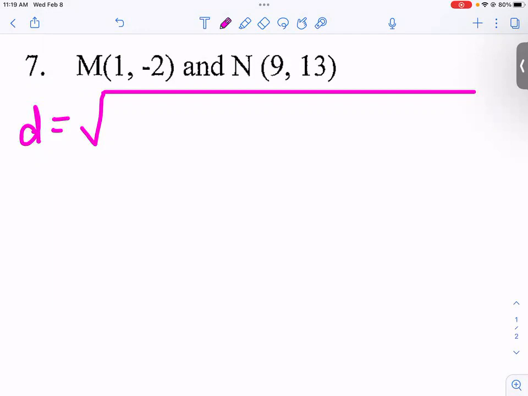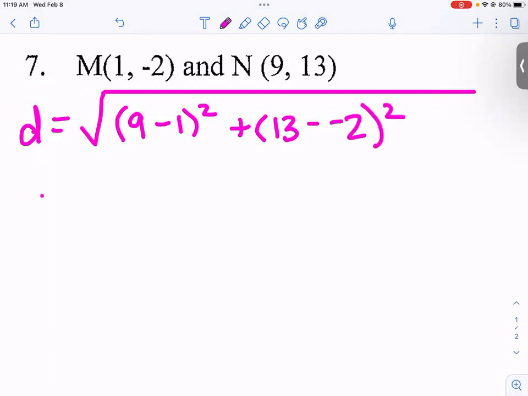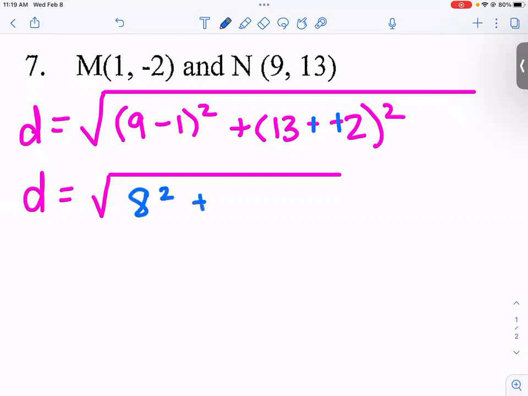Okay, when you set up the distance formula, it should look like this. Do you have 9 minus 1 squared plus 13 minus negative 2 squared? Okay. When we do 13 minus negative 2, and 9 minus 1, you should have 8 squared plus 15 squared.